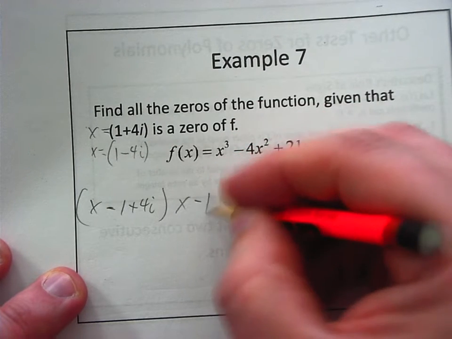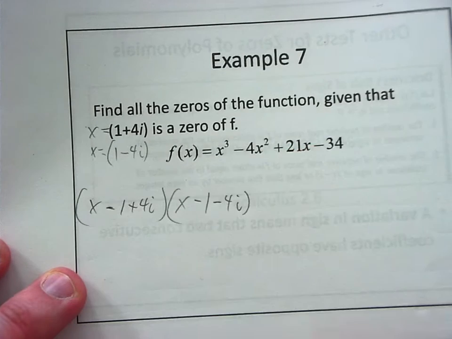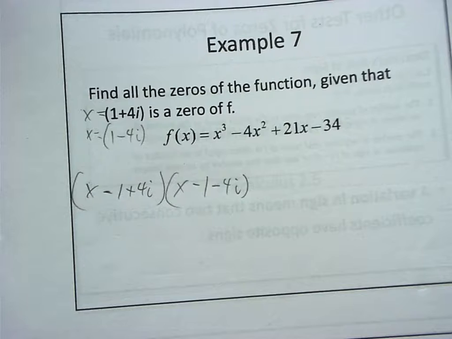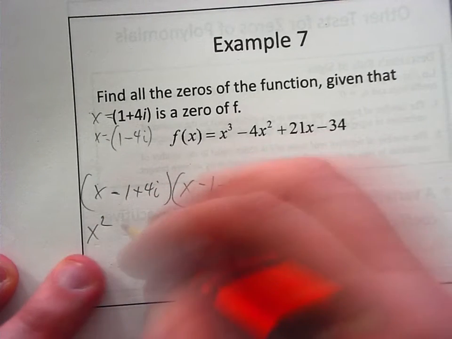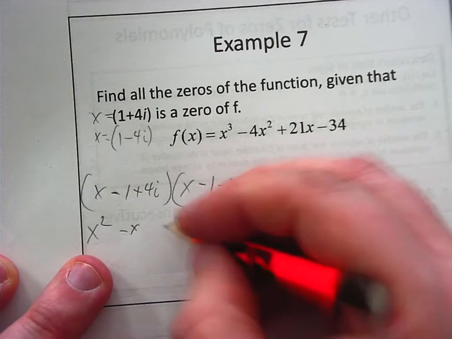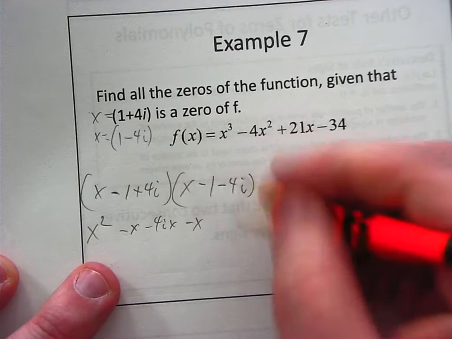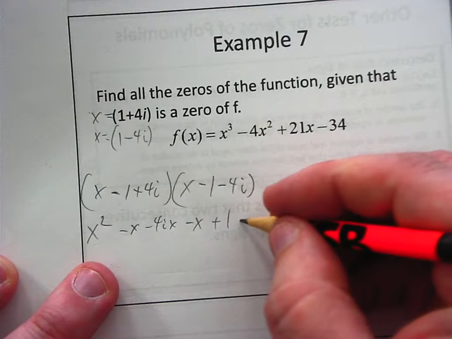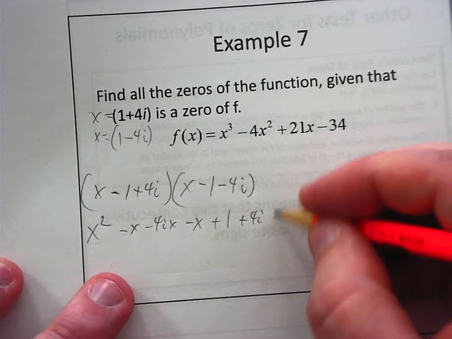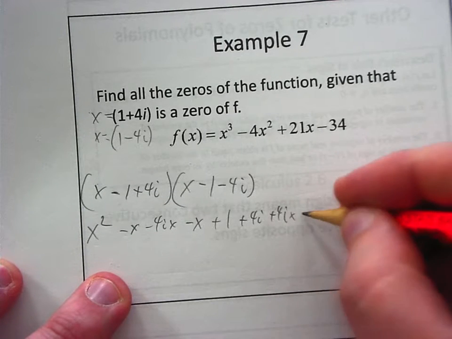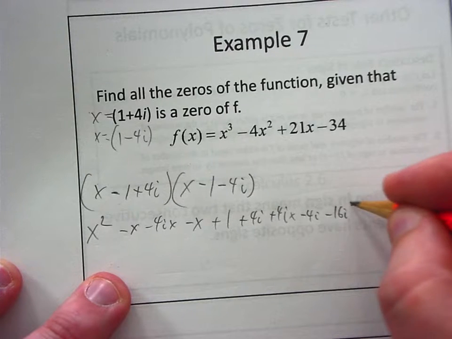And x minus 1 minus 4i, or minus 4i, not square root. And if I FOIL that out, well, I'm going to get x squared minus x minus 4ix minus x, distribute the negative 1, plus 1 plus 4i, and distribute the 4i plus 4ix minus 4i minus 16i squared.